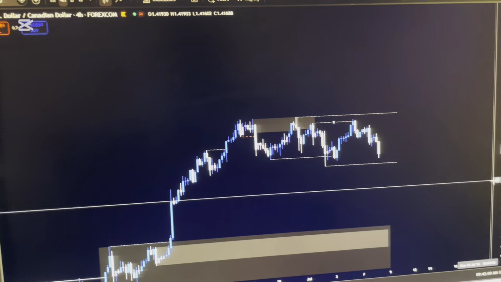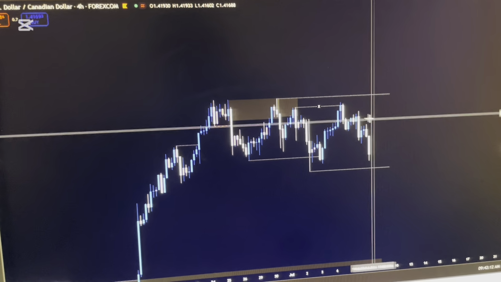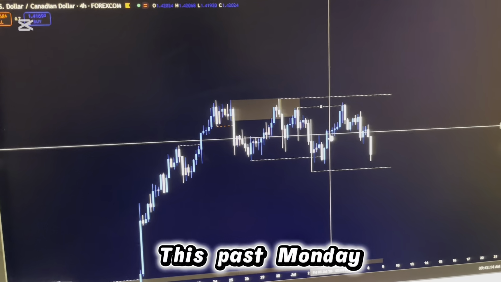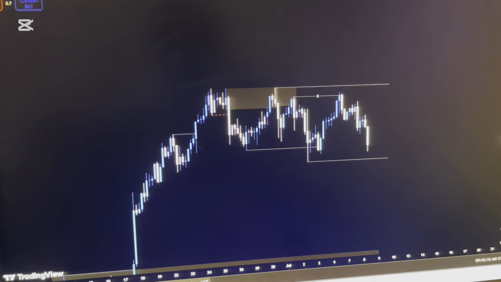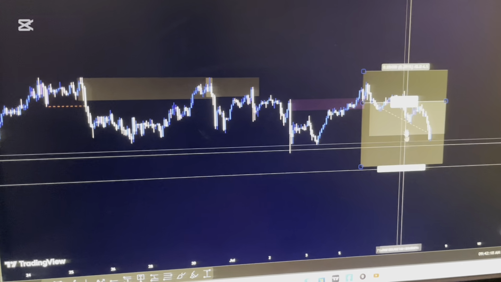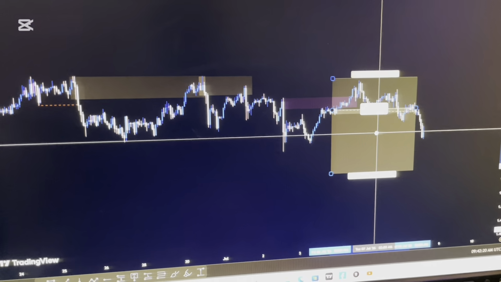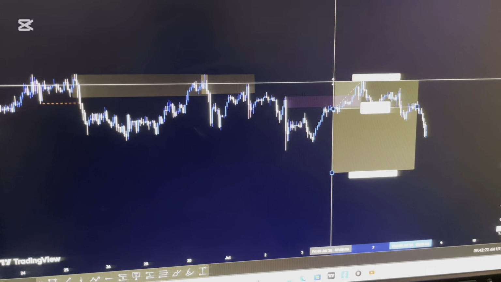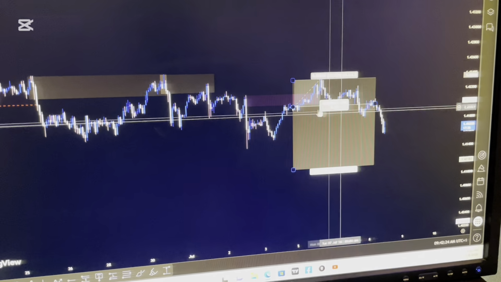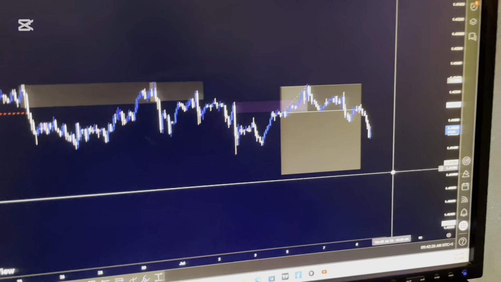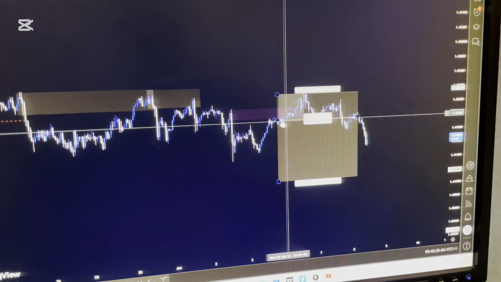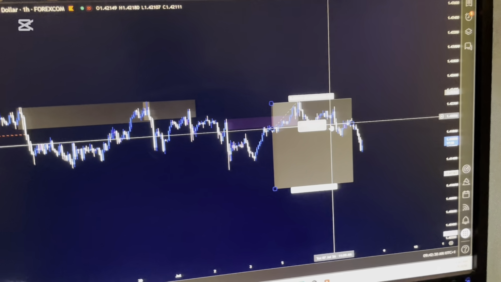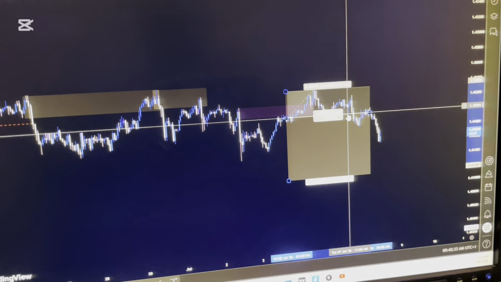And then this is USDCAD. This pair, I already took a loss on it last Monday. I took the trade on Friday somewhere here, and my stop loss was somewhere here. Price stopped me out. Now it's going in my direction, but I know that I made a mistake here, so I'm not too much bothered about it.